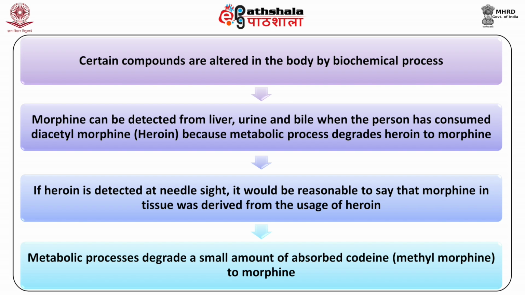Morphine can be detected from liver, urine and bile when the person has consumed diacetyl morphine, which means heroin, because the metabolic process degrades the heroin to morphine. So if heroin is detected at the needle site, it would be reasonable to say that morphine in the tissue was derived from the use of heroin.